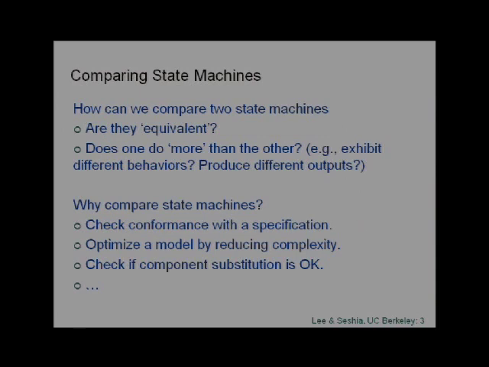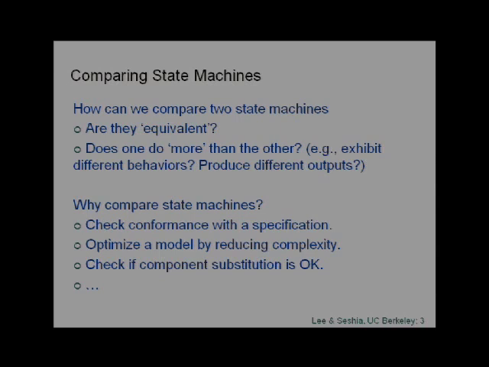So for example, you can ask questions like, if I have two state machines, let's say finite state machines, are they equivalent, right? So are their input-output behaviors the same? Or if they're not equivalent, then does one do more than the other? Does one state machine have more functionality than the other? Like in the processor case, the inputs to the processor you can think of are the program memory and the data the program operates on.